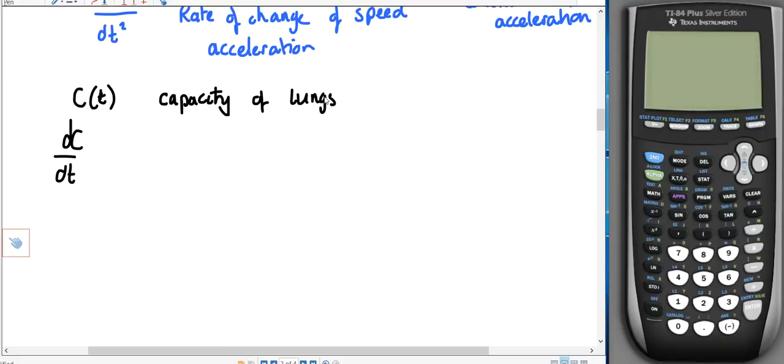So what happens? Does the capacity of your lungs change? Yes. How? In and out. So as you breathe out, your lungs are contracting to force carbon dioxide out. So the capacity of your lungs is smaller. It compresses, forces everything out.